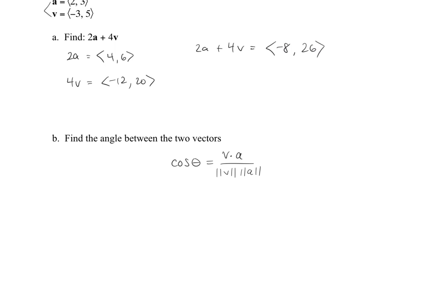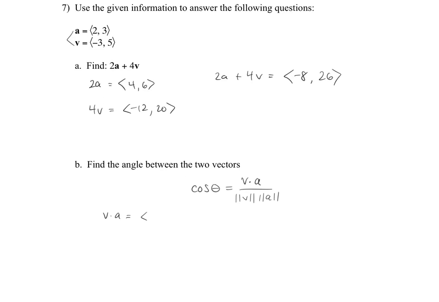So first thing we need to find is the dot product. So V dot product of V and A. So vector V is negative 3 comma 5. Vector A is 2 comma 3. So the dot product is that linear combination, the product of the two horizontal components plus the product of the two vertical components.